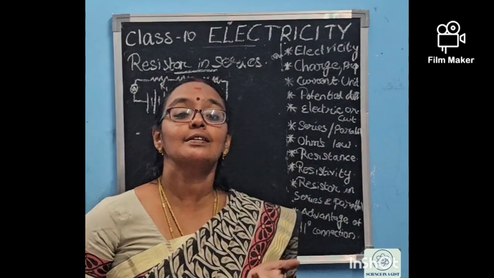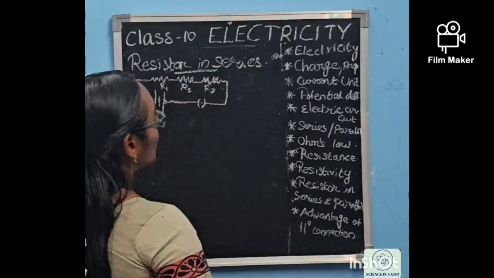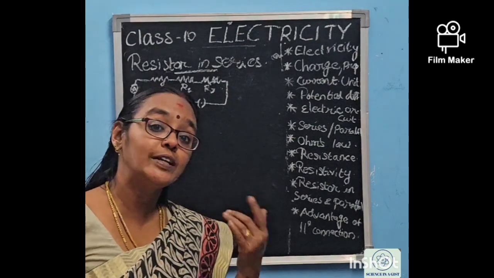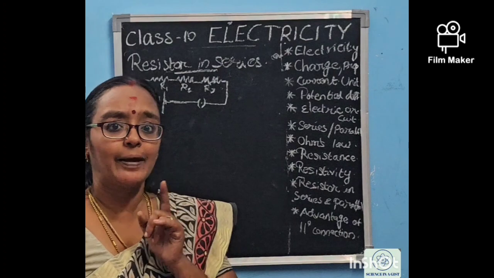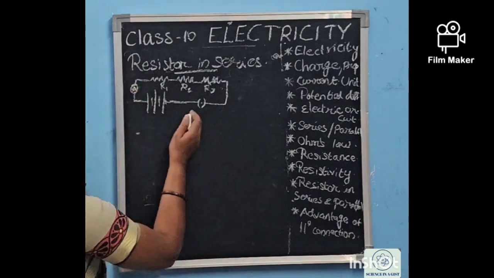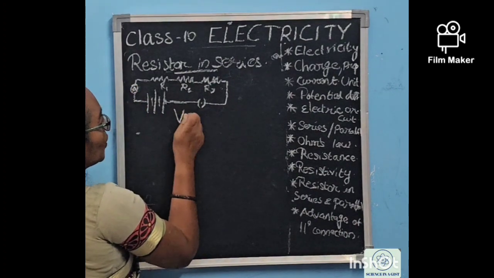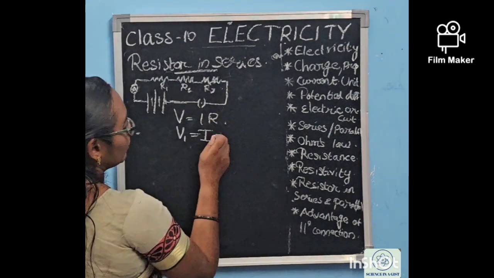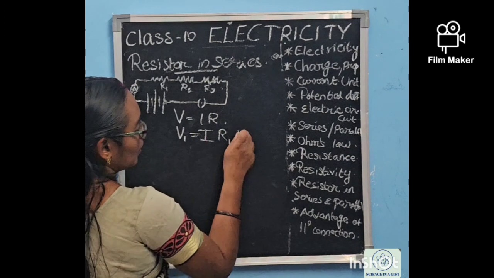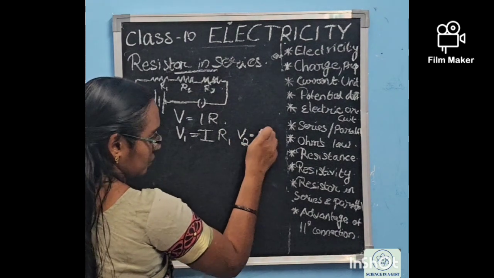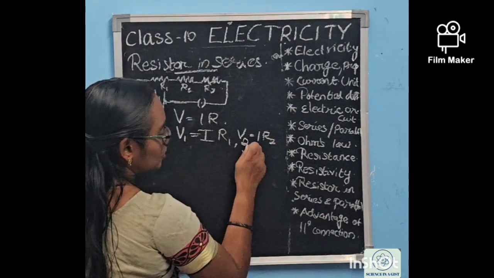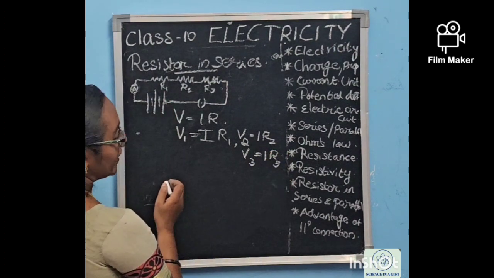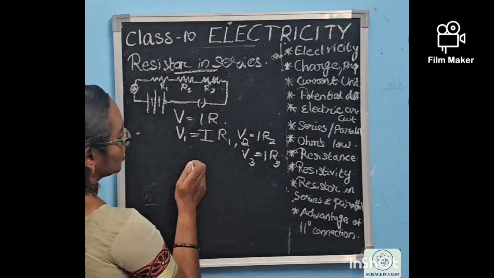Let's see how the resistance is varying. We know in the series connection, current will be constant while the voltage will be varying, isn't it? So how can it be represented? V is equal to IR. Here I is constant. V1 is equal to IR1, V2 is equal to IR2, and V3 is equal to IR3. We can take I as constant in every case.